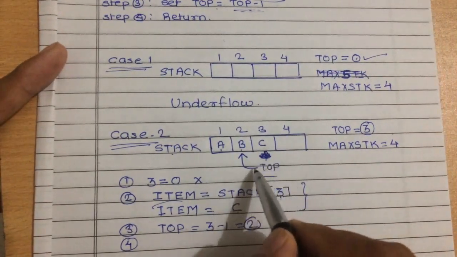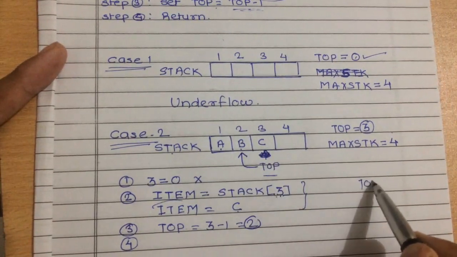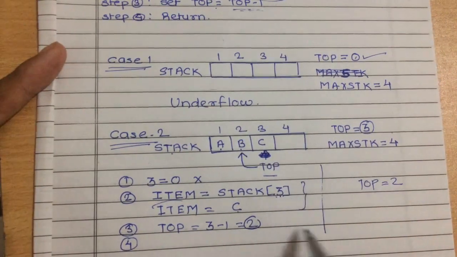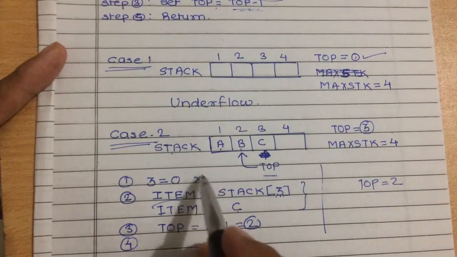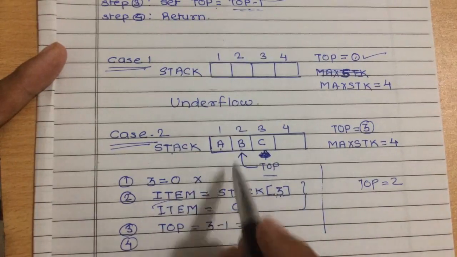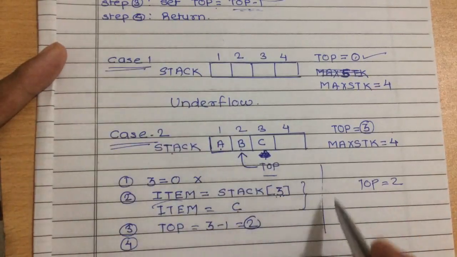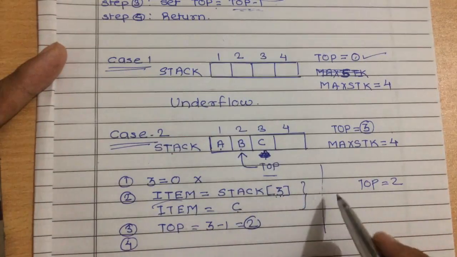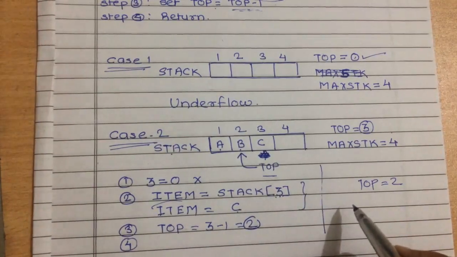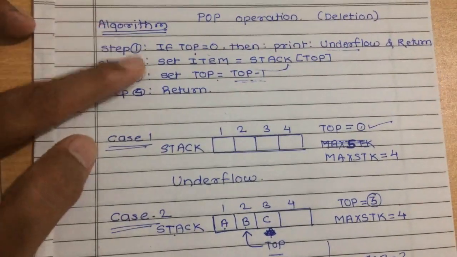So as the top is pointing to the second location, the value of top is 2. I am saying that after the execution of this, again if I execute the same algorithm, here top is 2, then it will check the first step whether top is 0 or not. So top is not 0, so the first step will get skipped.